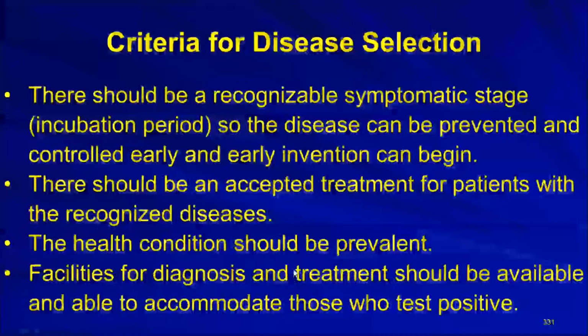If we were looking at athletes and eating disorders, and there's screening tests for that, we would want to make certain that whatever treatment facilities were available, that we had adequate people for diagnosis and treatment.